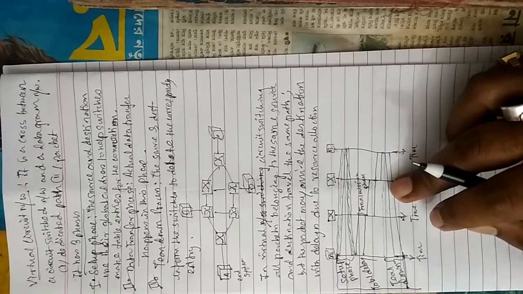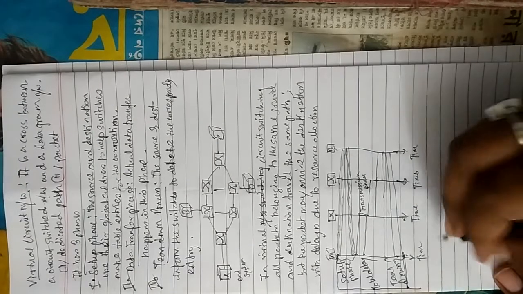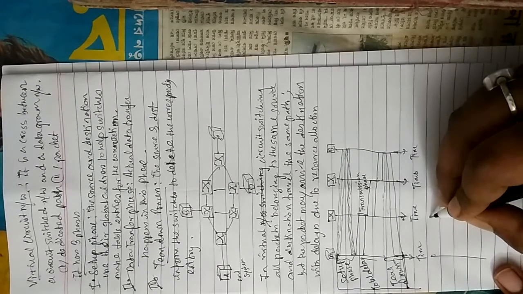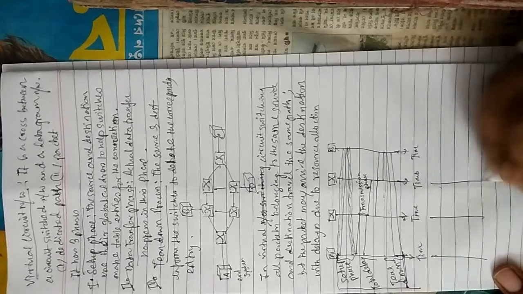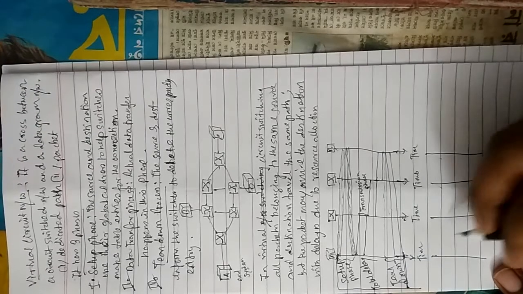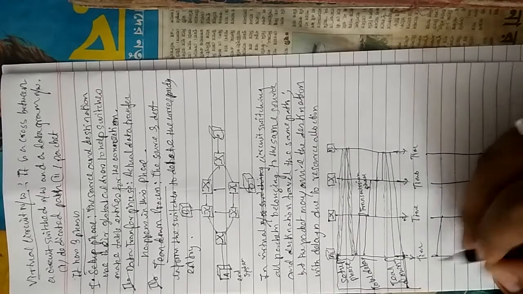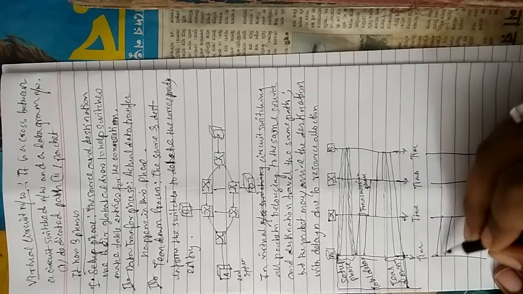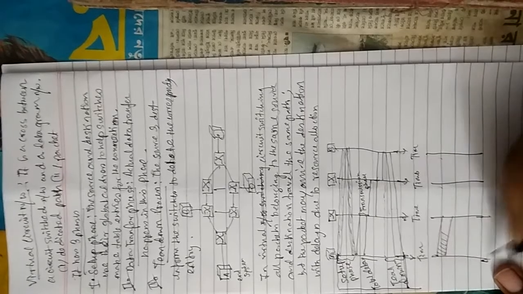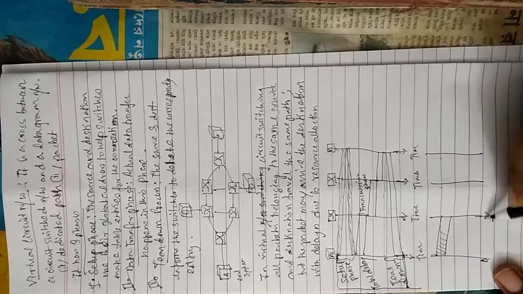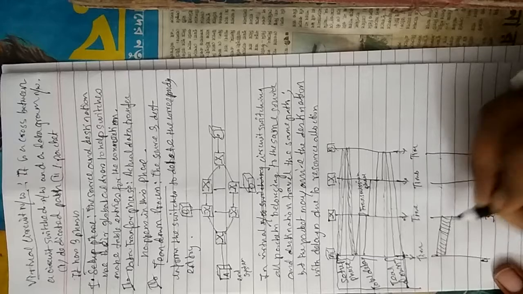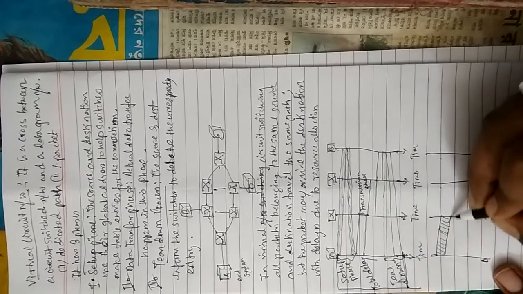But in case of datagram network, let us see what the delay will be. Same figure I will draw. There will be no circuit, no setup phase. First the data goes from A to a switch. This data comes over here, and there will be a waiting time.